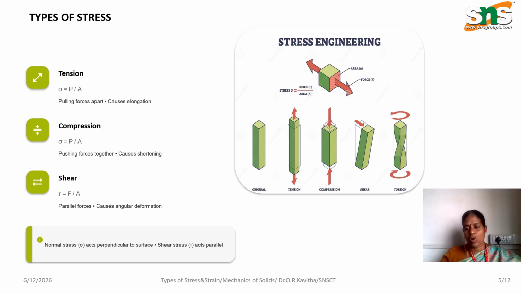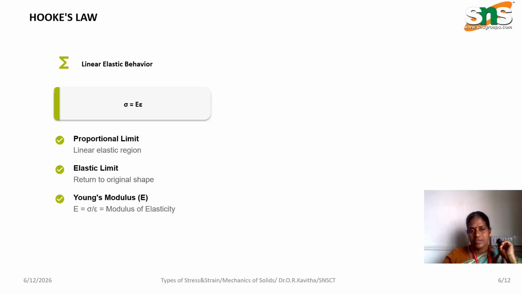Compression means opposite pushing forces, which cause shortening of the material. Shear forces are parallel tangential forces, which cause angular deformation to the structure. If I am taking the normal stress, it acts perpendicular to the surfaces, and the shear stresses act parallel to the surfaces.